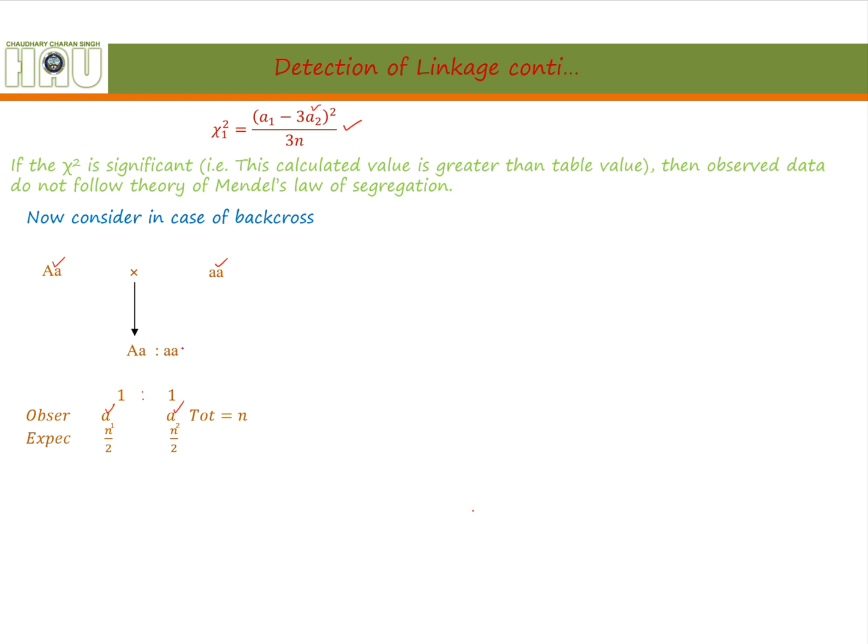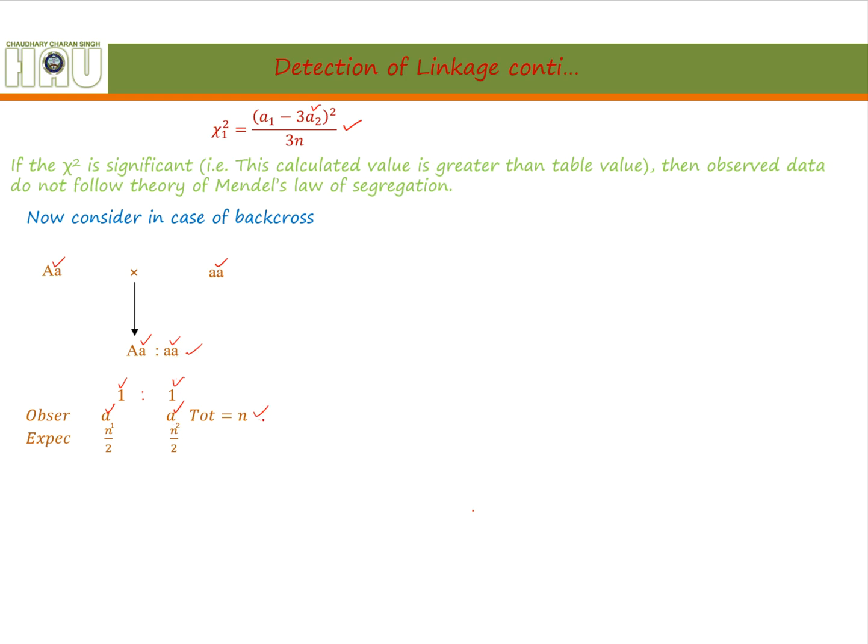When you cross Aa with aa, we will observe only two classes and their expected ratio is 1 is to 1. Now A1 is the observed number of class capital A small a and A2 is the observed number of class aa. And suppose there are a total of n individuals.